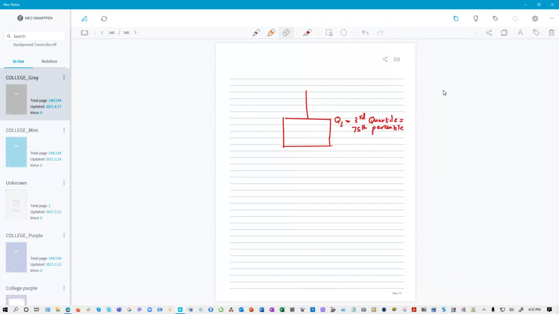Then this Q2 is called the second quartile, or the 50th percentile. This one is Q1, the first quartile, or the 25th percentile. That's the idea. And then this is the min, this is the max.